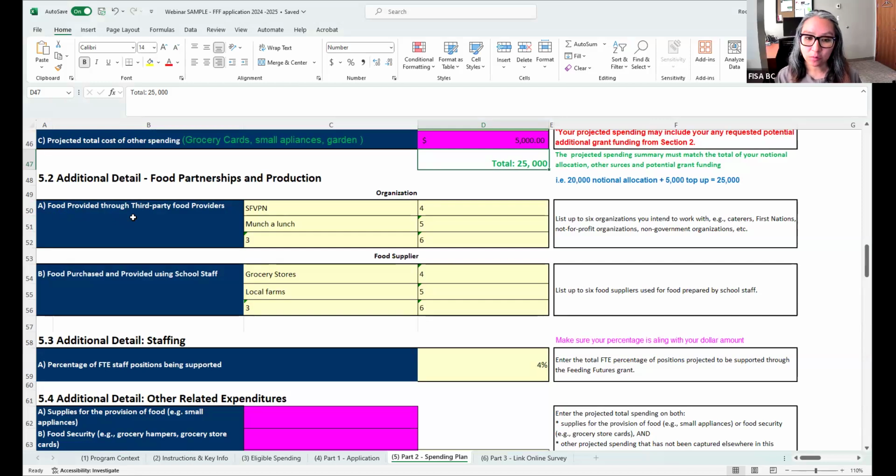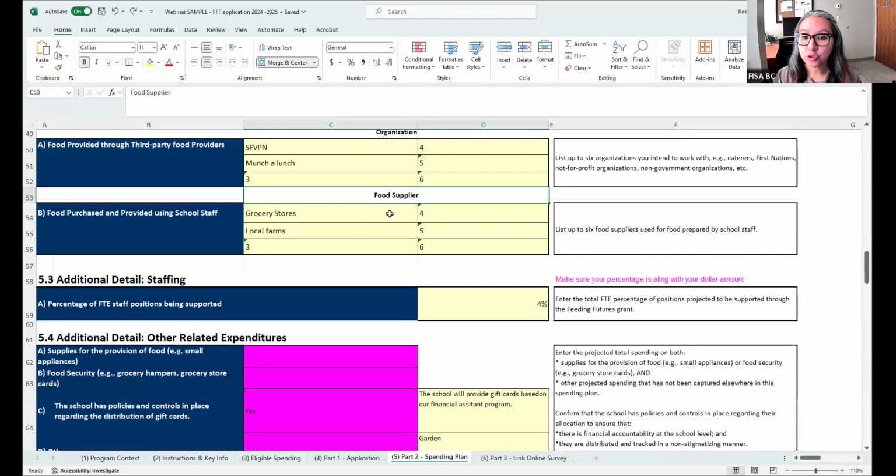Here it could be your School Fruit and Vegetable program, your Salvation Army, Munch a Lunch, anybody helping you that is a third party not in your school. It could be your food banks, or any other person, institution or organization that helps you. If you have nobody, because everything is done in your school, you can leave this empty. There is no wrong or right here.